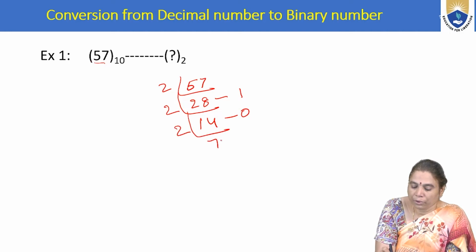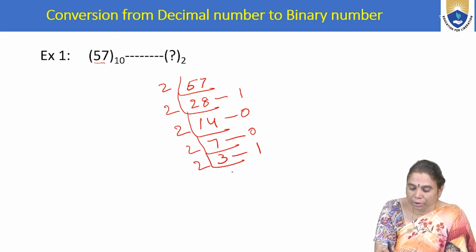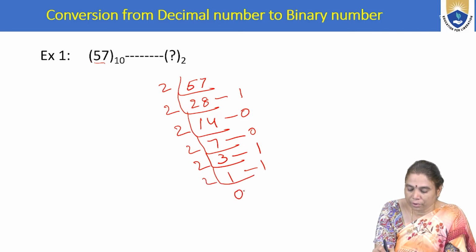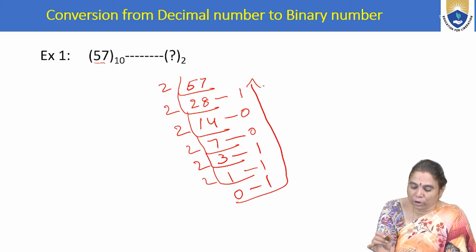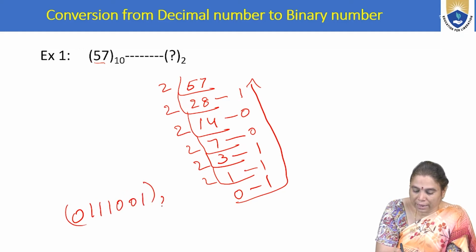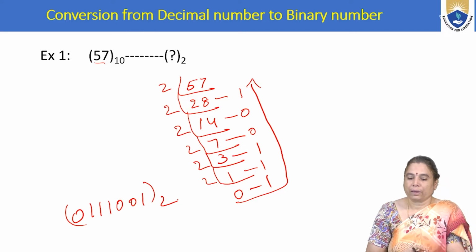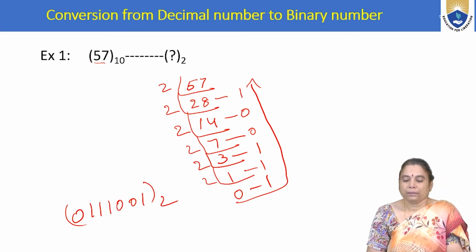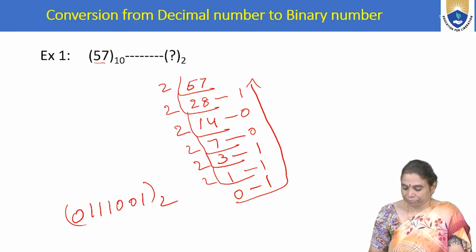Next 2, 7 is, so remainder 0. 3, 1 is the remainder. 2, 1 is the remainder. 2, 0, 1. Now we have to write these remainders in bottom up fashion. So 111001 is the binary equivalent of 57. In this way, the decimal number can be converted into the binary number.